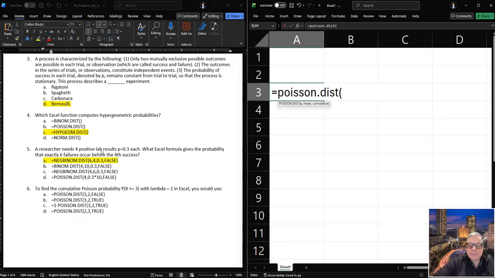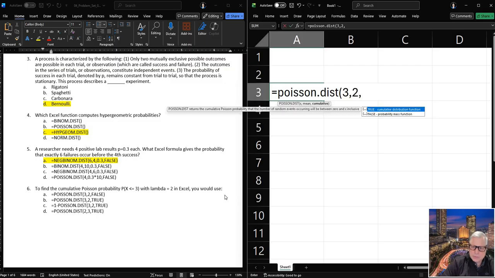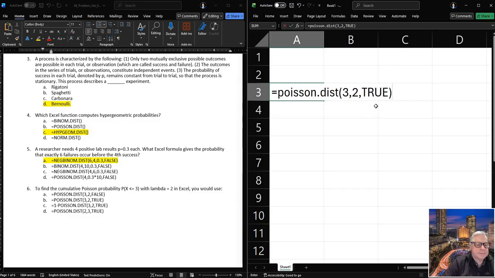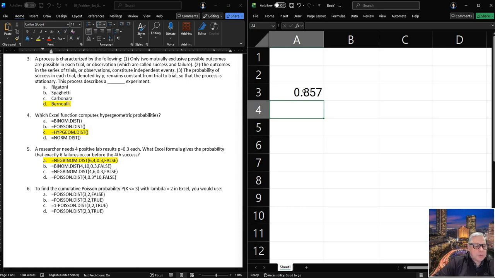Okay, so we would enter 3. The mean is 2, and then because we want it cumulatively, it would be true or 1. That would be 0.857, but what we entered is 3, 2, true.